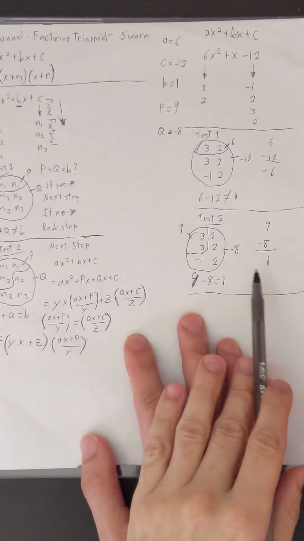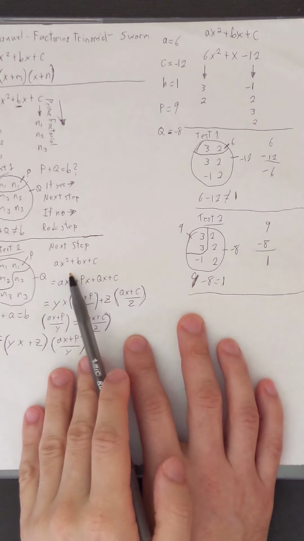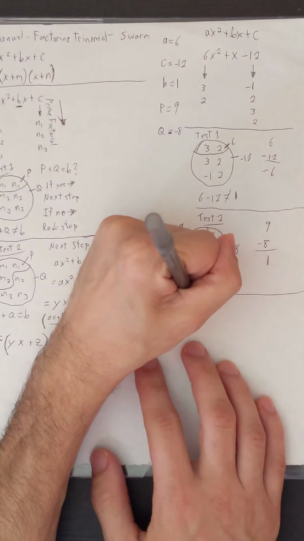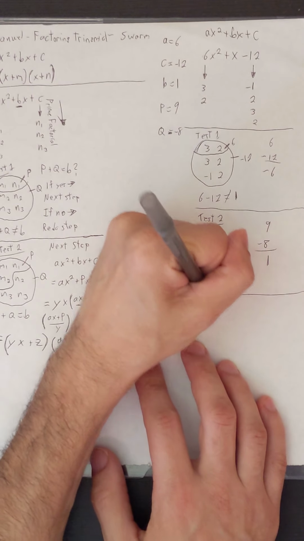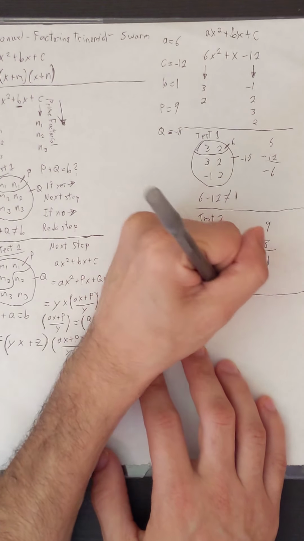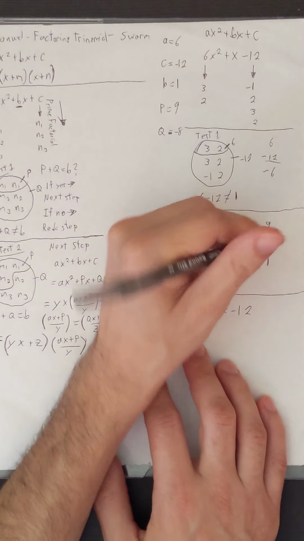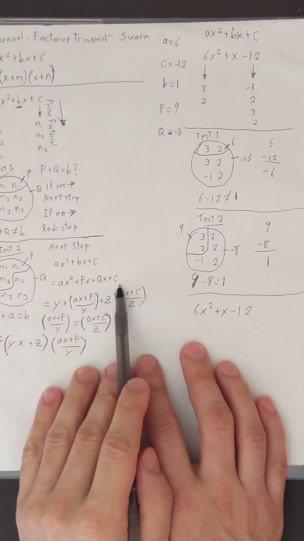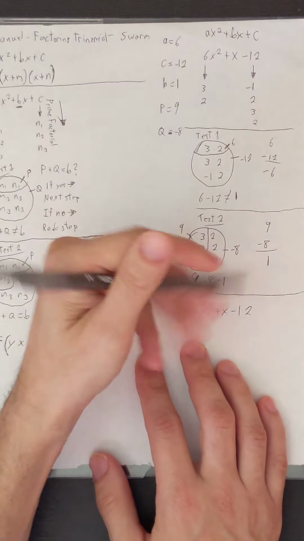Now we have to rewrite the equation. We're at the next step, ax squared plus bx plus c. So let's just rewrite that equation that we originally had, 6x squared plus x minus 12. And now we have to rewrite that as ax squared plus px plus qx plus c. And now we can just start plugging in values, right?